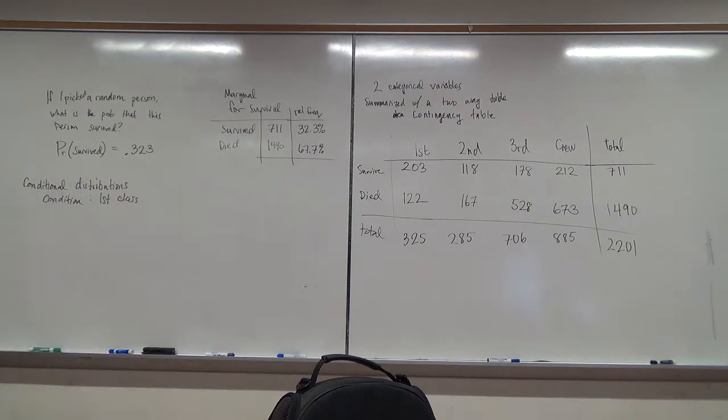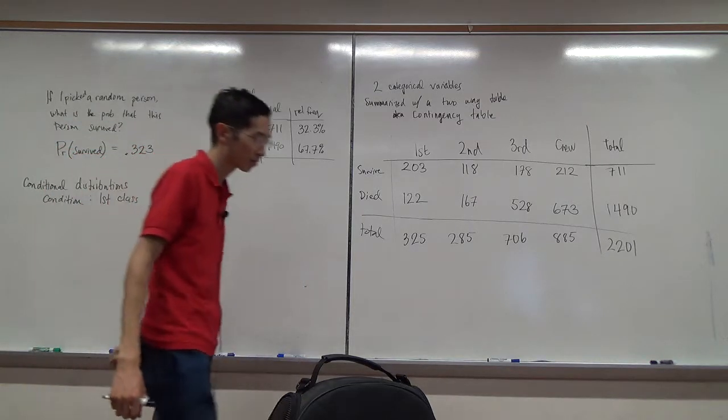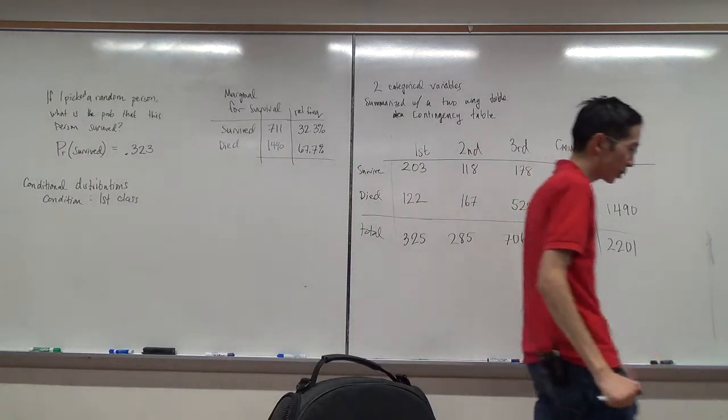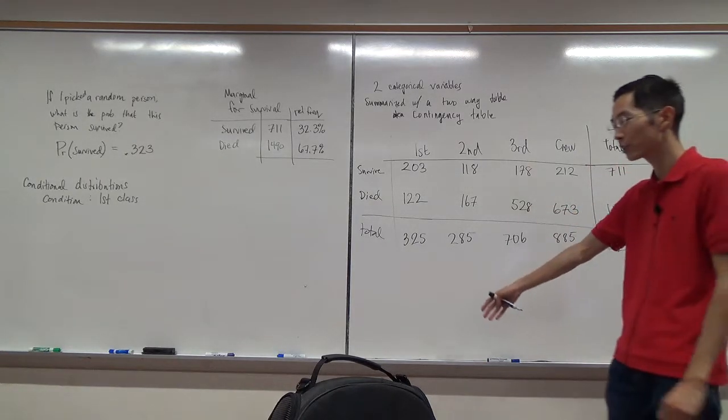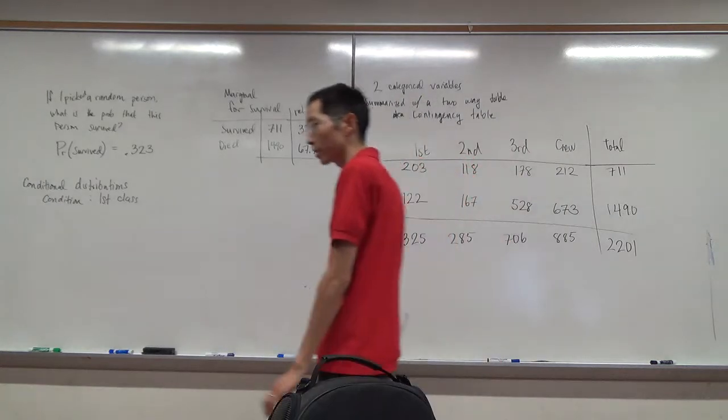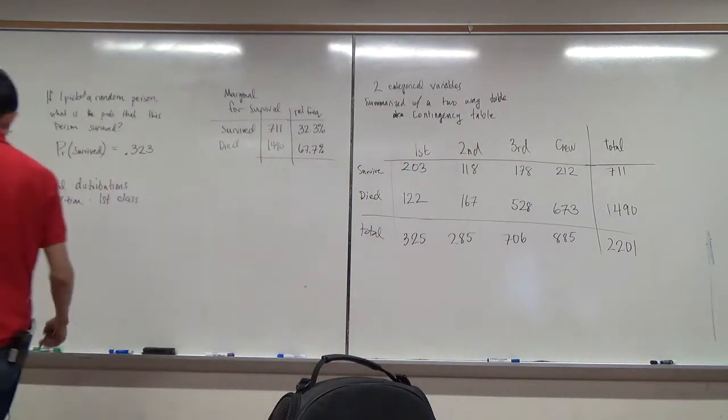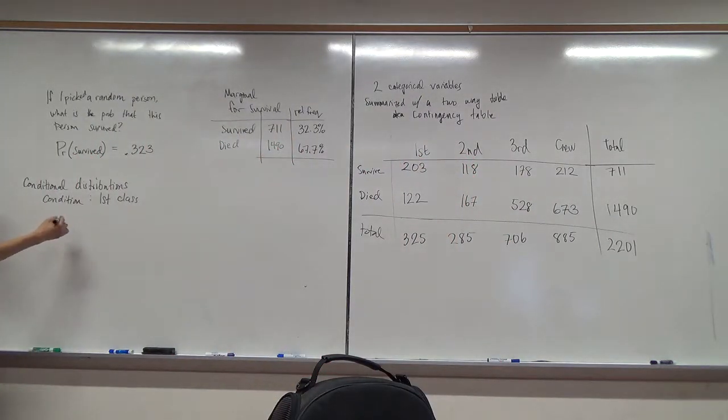In this case, I'm only looking at a total of how many people? 325 people. If I create the condition, we are only looking at first-class passengers, so I'm only looking at 325 people.